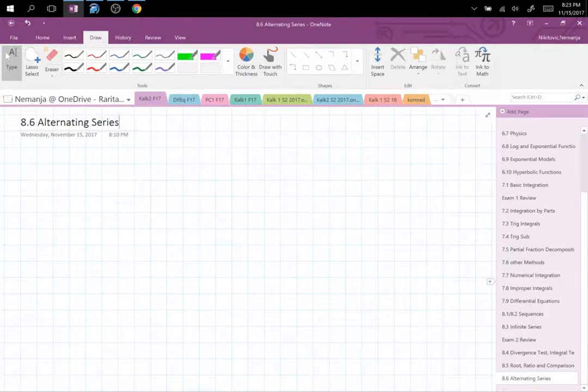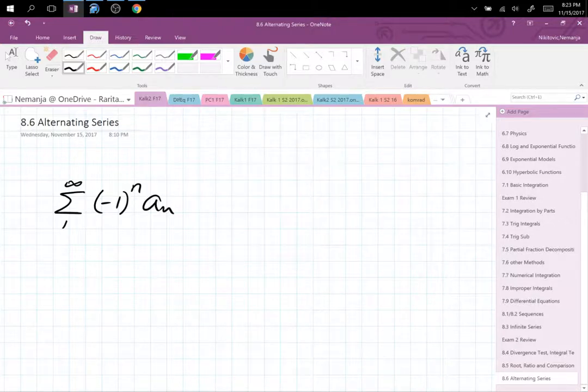So alternating series is very easy to spot because an alternating series, let's say from 1 to infinity, has this alternating term, -1 to the n, and then some kind of sequence after that. So what is this -1 to the n?